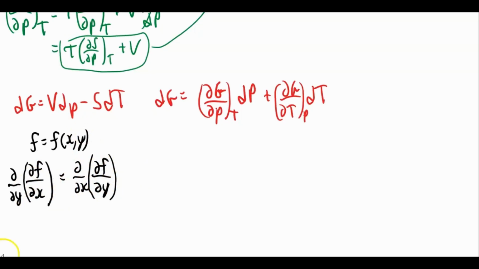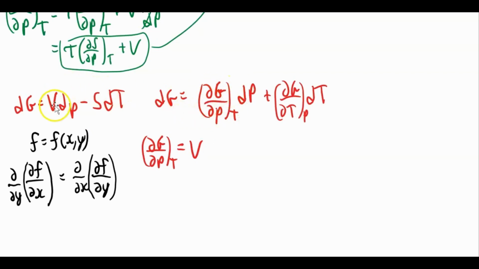Why does that help us? Well, we have two relations here. We have this slope, this rate of change of G with respect to P. That's equal to V in this case. So partial G over partial P, at constant temperature, equals V. This has to be true because we have this V times dP, and then we have this partial term or factor times dP.